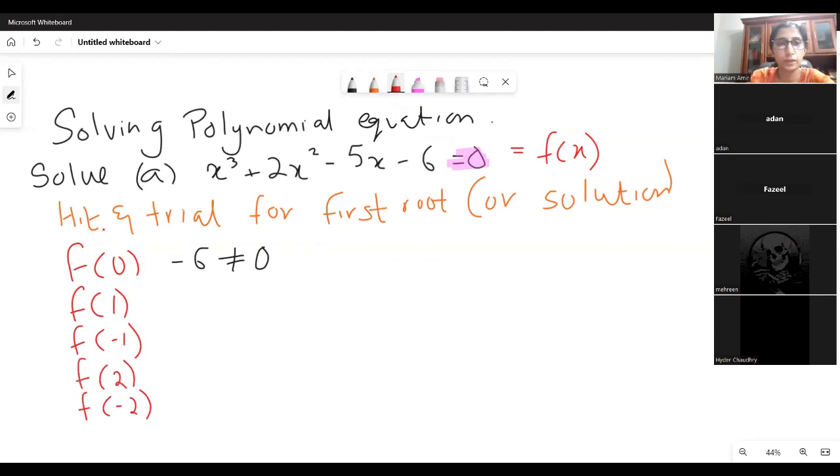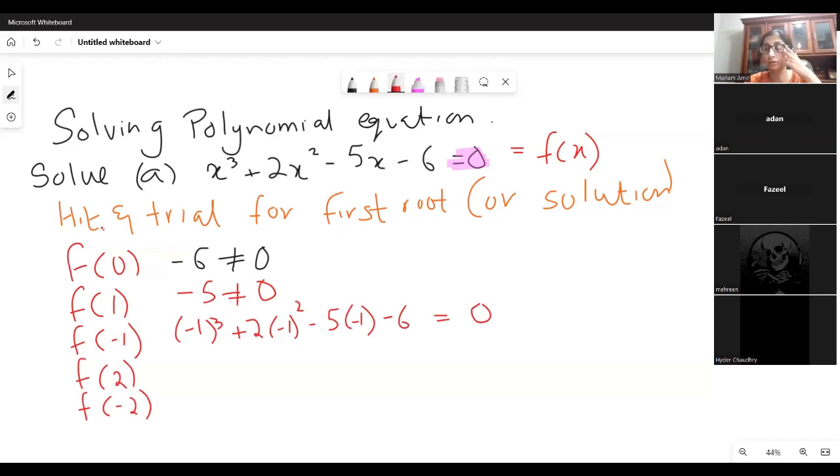अगर हम 1 करें तो we have 1 + 2 - 5 - 6, which gives -8, which is not equals to 0. -1 के लिए let's say (-1) whole cube plus 2 times (-1) square minus 5(-1) minus 6, is that equals to 0? -1 plus 2 plus 5 minus 6, it is equals to 0.